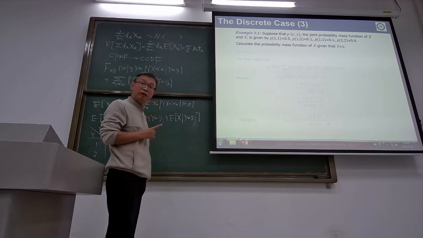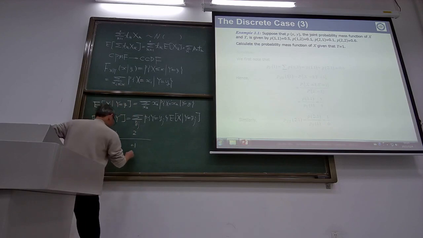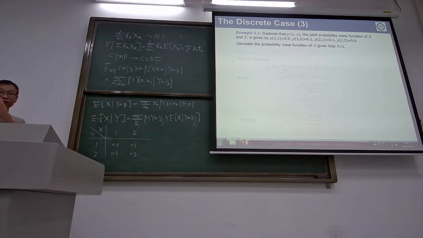Something wrong here? Here should be 0.3, because the total sum should be 1.